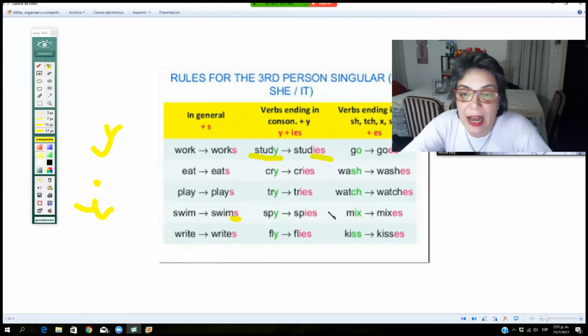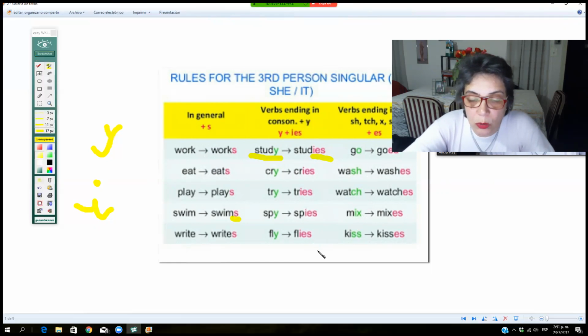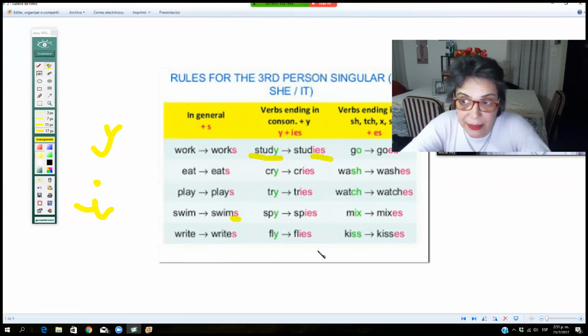But then we have other verbs. For example, go, wash, watch, mix, kiss, and many other verbs with those similarities.